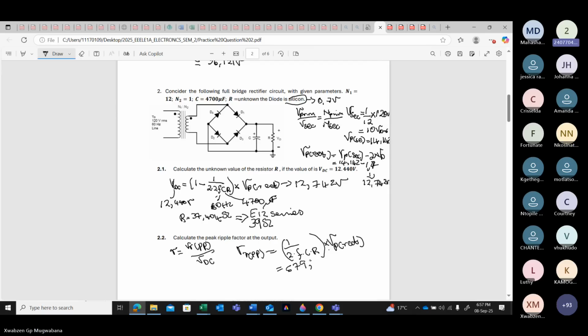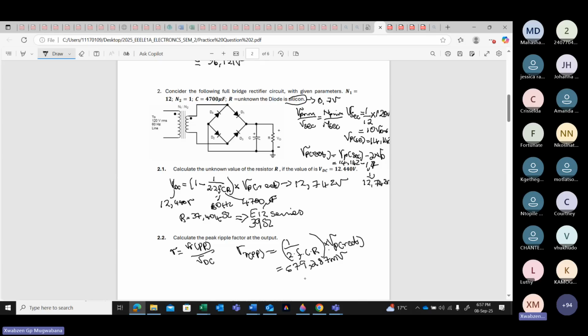It's 579, comma, 287 millivolts, which means that is your V peak, V ripple peak to peak.